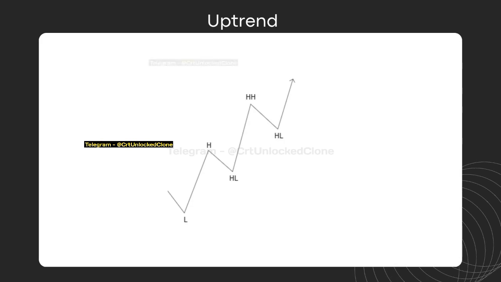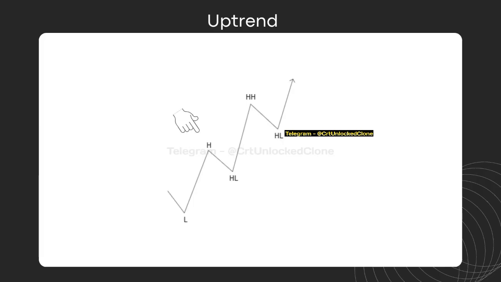So right here we've got an uptrend, right? There are multiple names to it. You can call it a bullish trend, a bull trend, or anything you want. But the idea is that an uptrend is made up of highs and lows which consistently move higher, just as the name suggests. Right here you can see that we start off with a low, and then price continues moving higher and makes a high.